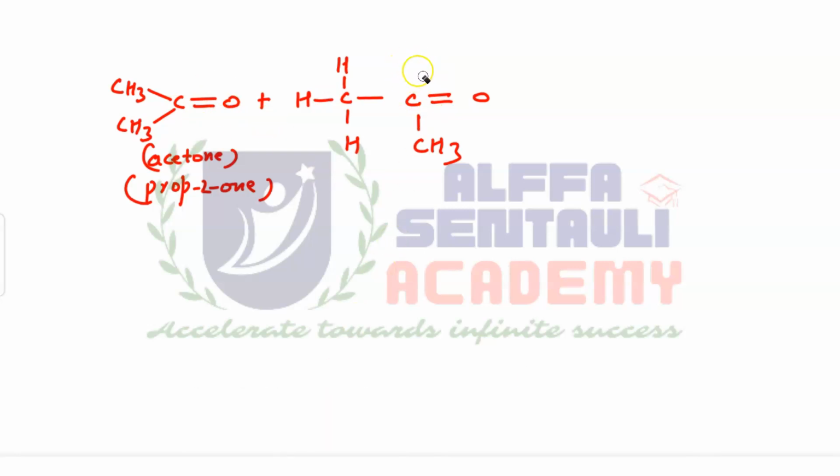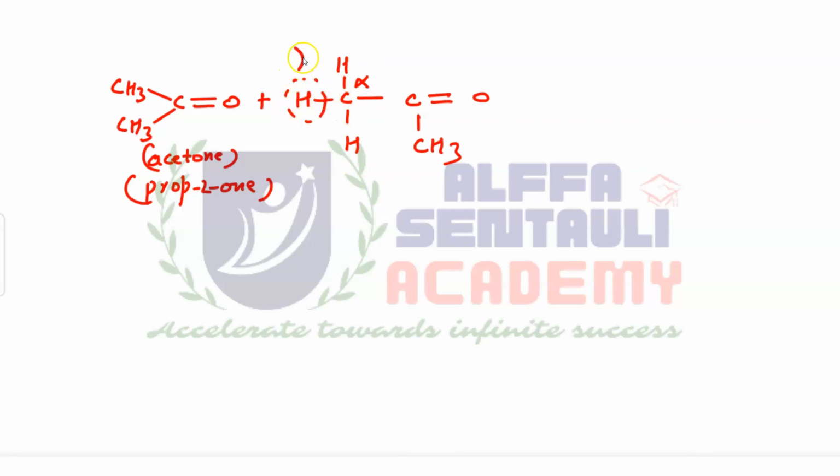So let me just erase this. Now this compound is correct, right? Yes. So can you tell me how this molecule will combine? See beta, this is my main functional group, so this will be my alpha carbon. If this is the alpha carbon, all these hydrogen atoms are alpha hydrogen atoms, right?